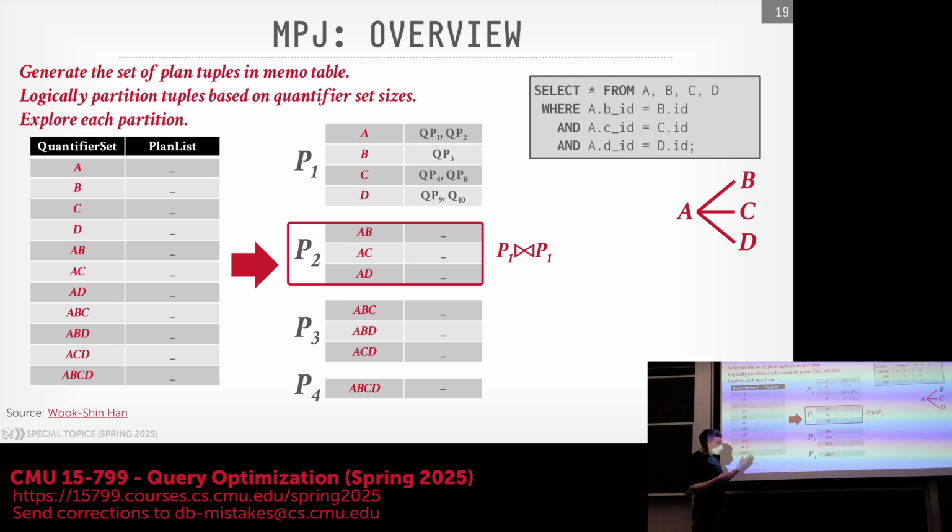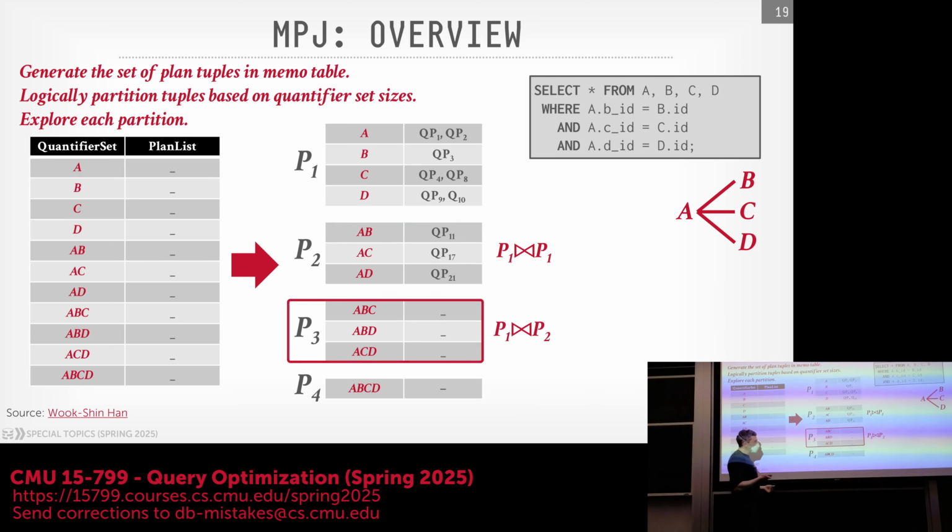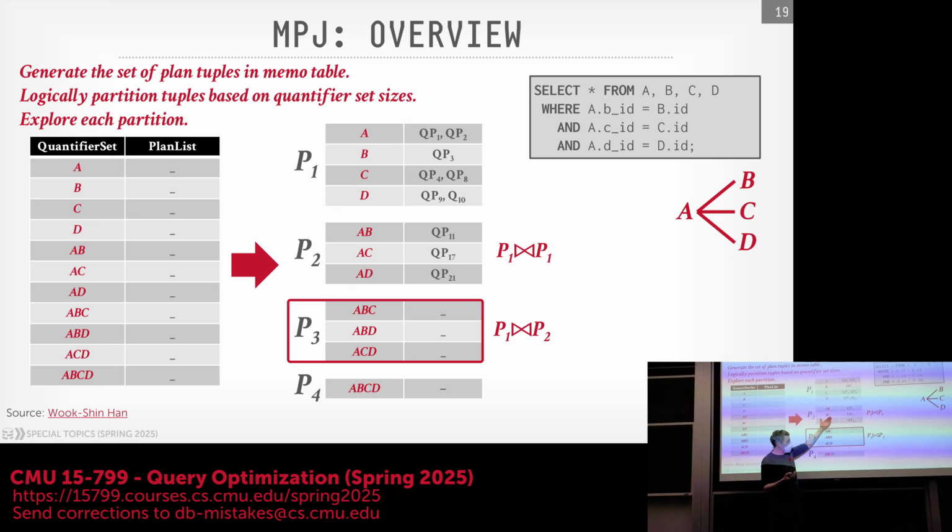I do the same calculation, yada yada, and generate a bunch of query plans. Then for partition 3, it's a combination of partition size 1 and partition size 2, so I join the top one and the second one together, and that gives me all possible permutations.